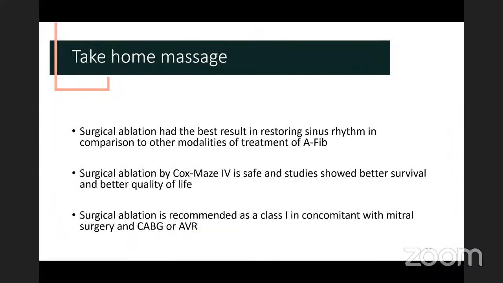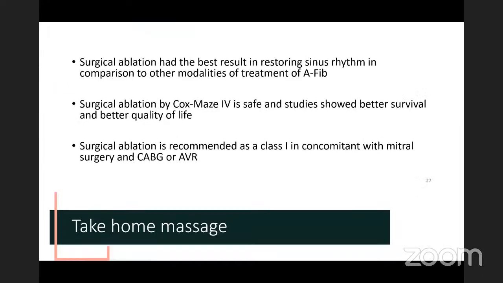I wanted to say that surgical ablation has the best result in restoring sinus rhythm in comparison to other modalities of treatment of AFib. Surgical ablation by Cox-Maze-4 is a safe procedure, and studies showed better survival and better quality of life. Surgical ablation is recommended as class 1 concomitant with mitral surgery and class 2 in CABG and AVR.